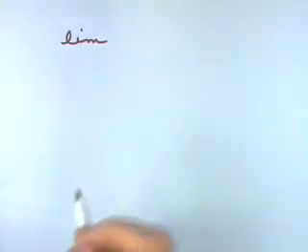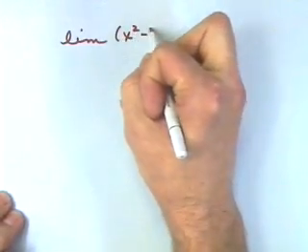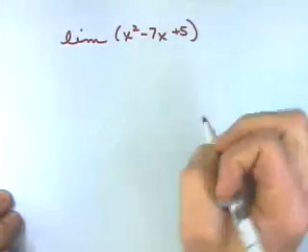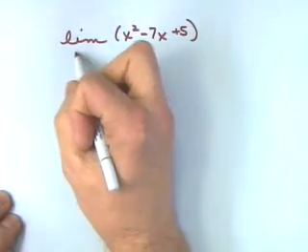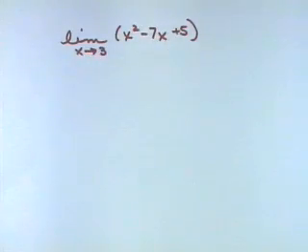So let's suppose that we have this problem, the limit of just a simple polynomial, and we want x to approach, it doesn't really matter here. Polynomials are continuous everywhere, so it's not like there's a bad value.